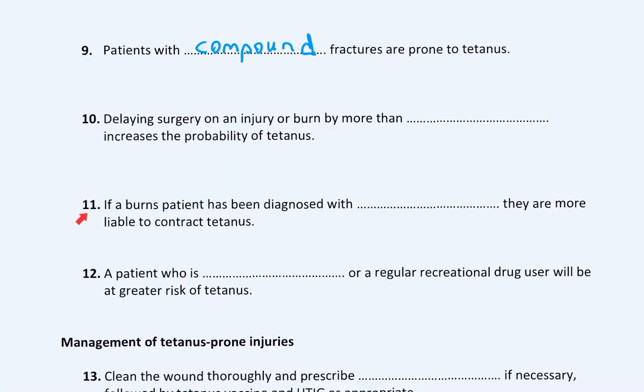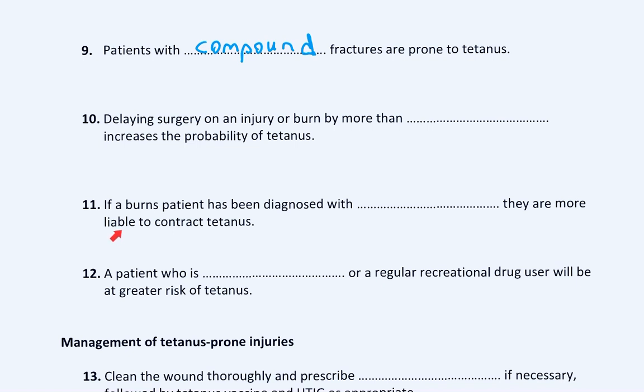Question 11. If a burn patient has been diagnosed with dash, they are more liable to contract tetanus. Okay. So we are looking for a diagnosis of a burn patient. Okay. And also we are going to look for the right text to go. So more liable means risk.